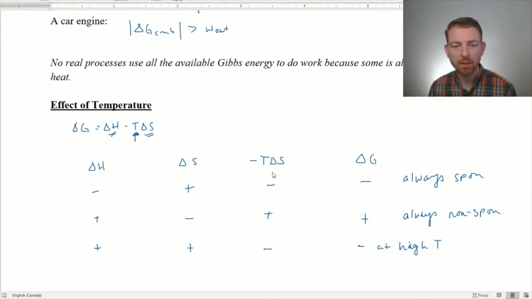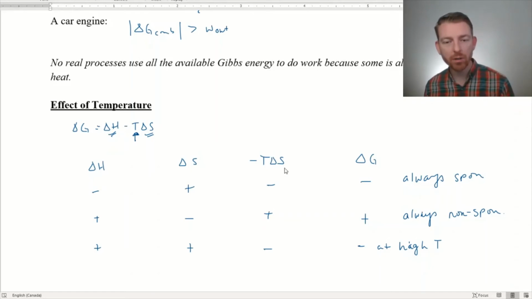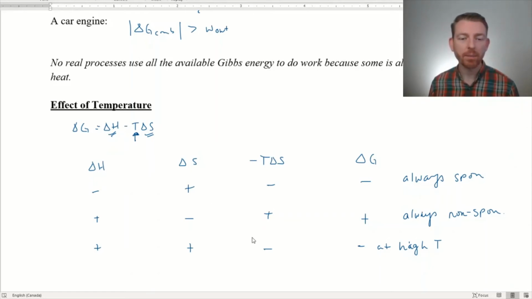So as long as this term, this negative temperature times the entropy, is larger in magnitude than the enthalpy term, then it's still going to produce a negative delta G. If that temperature is below whatever critical temperature that's going to happen at, it means we have a positive delta G overall, and this will be at lower temperatures.